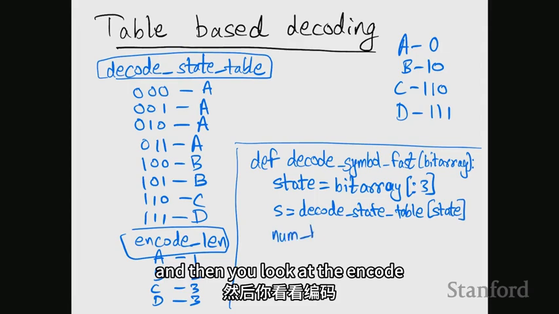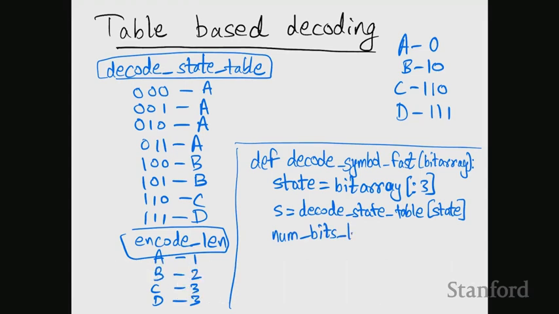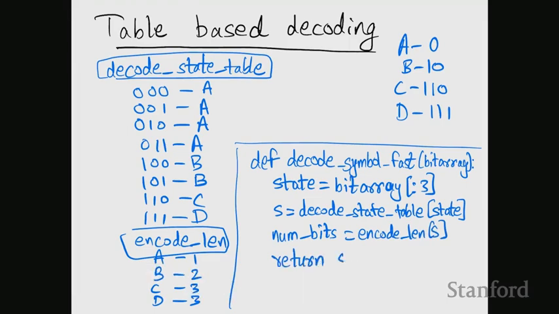And then you look at the encode len table, which tells you the length of the encoding, and then you basically return S and the number of bits.